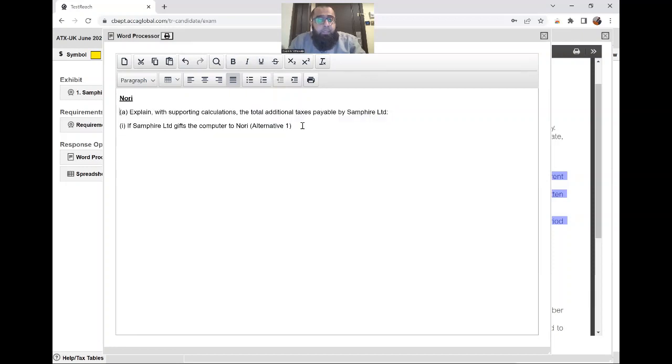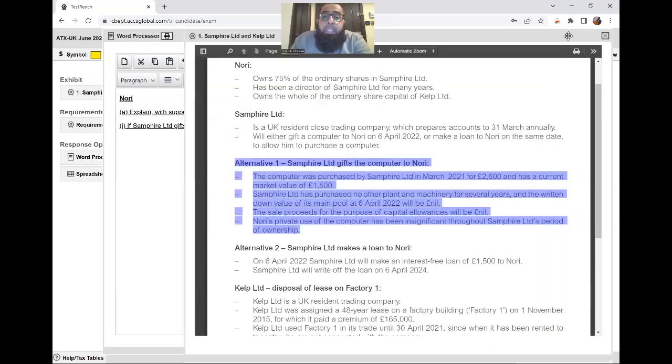So part A: explain with supporting calculation the total additional taxes payable by Semfire Limited if Semfire Limited gives the computer to Noori. So let's read the alternative one again and then we'll think in a more precise manner.